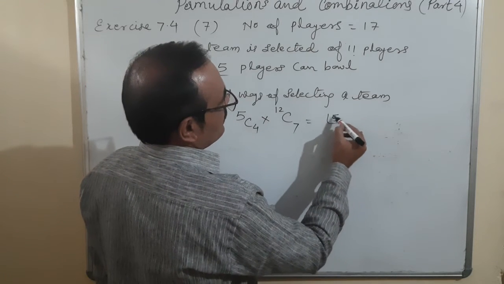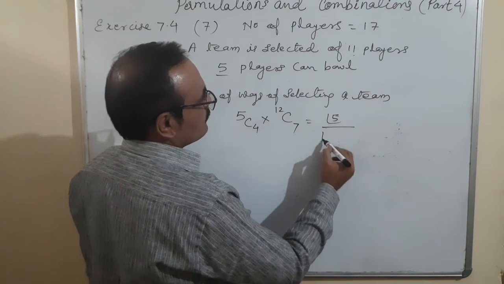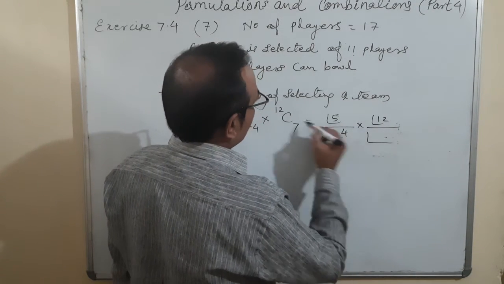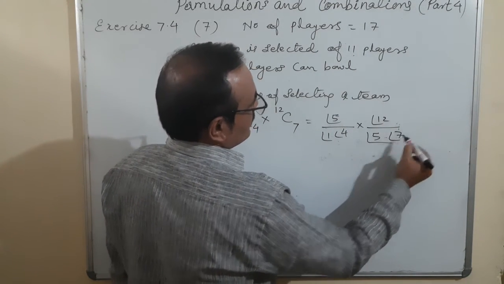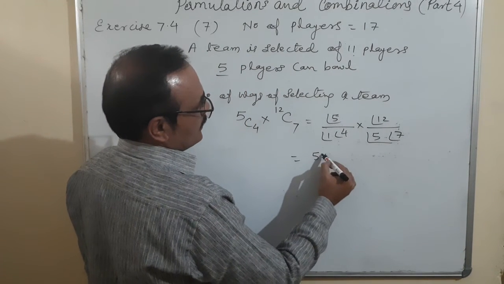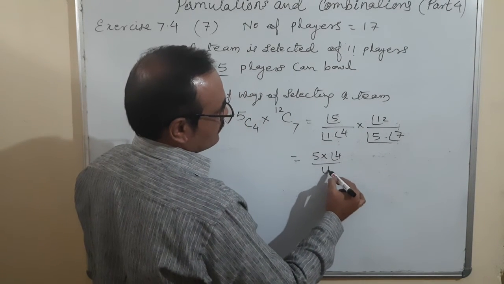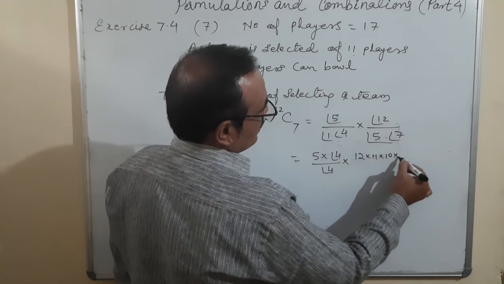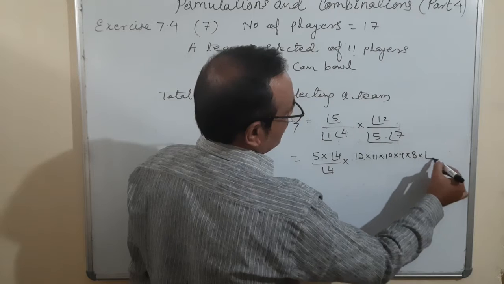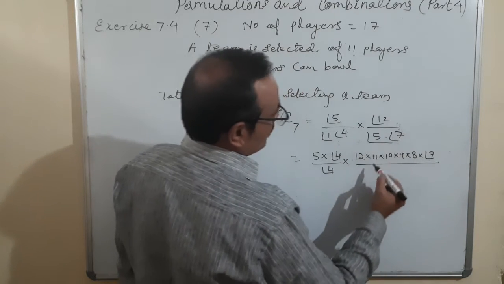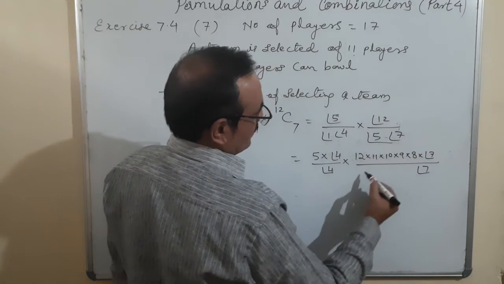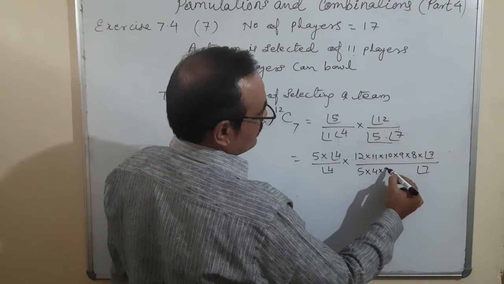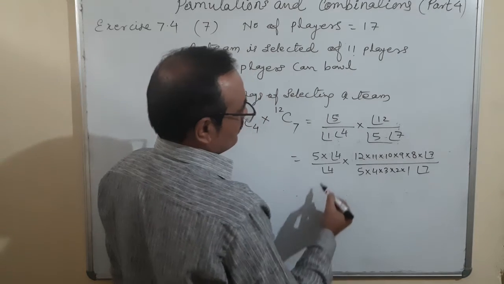So factorial 5 upon factorial 5 minus 4, factorial 1, factorial 4, into factorial 12 upon factorial 12 minus 7, that is 5, and factorial 7. 5 into factorial 4 upon factorial 4, into 12, 11, 10, 9, 8 factorial 7 upon factorial 7 and 5 into 4 into 3 into 2 into 1.